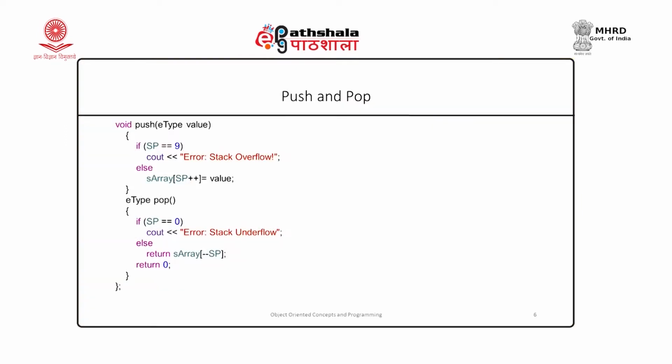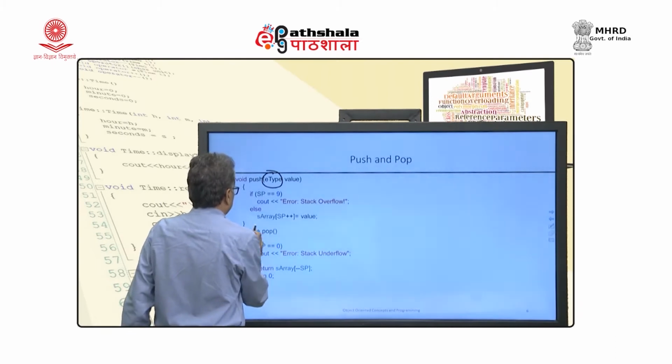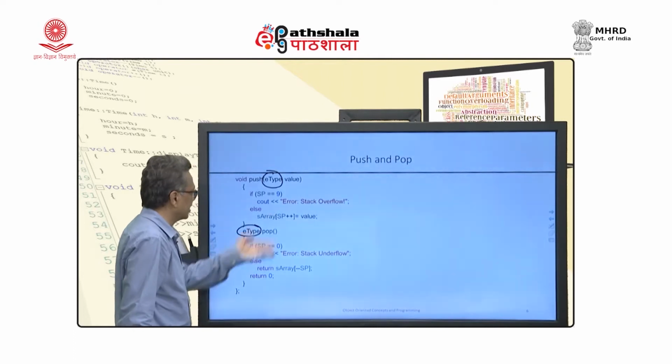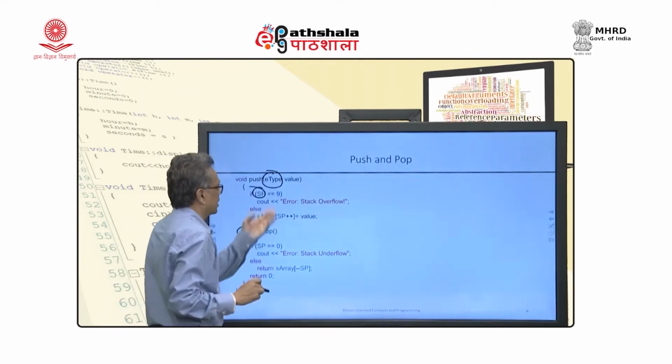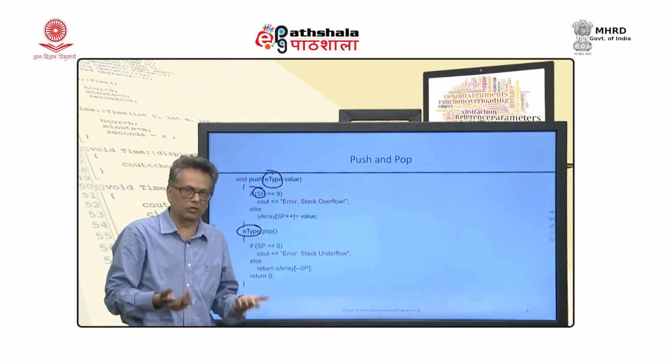Okay. So, in the push and pop functions that we write, instead of writing a specific type, we use e type. The pop also returns an element of type e type. The rest of the code is very simple, and this is our stack pointer. If the stack pointer reaches the limit, we will say that we can't insert anything, so, stack overflow.